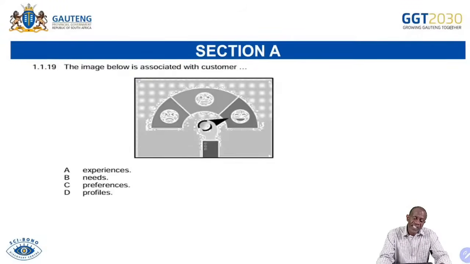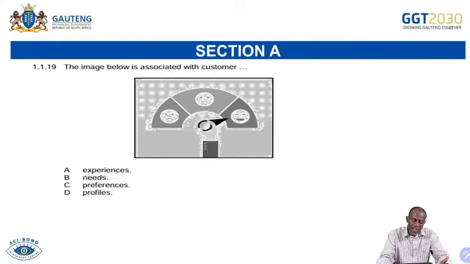Here are some further examples to explore. 1.1.19 again, from a different question paper. It says the image below is associated with customer, and then you have to complete the statement. Number A, experiences. Number B, needs. Number C, preferences, and number D, profile.